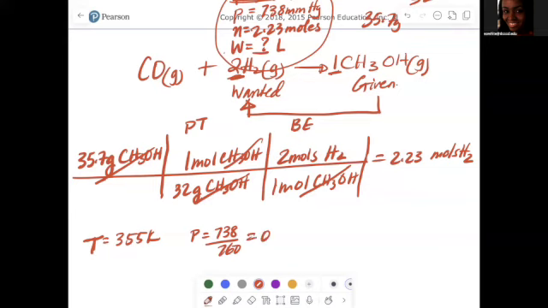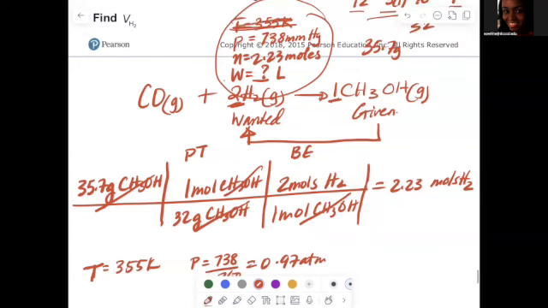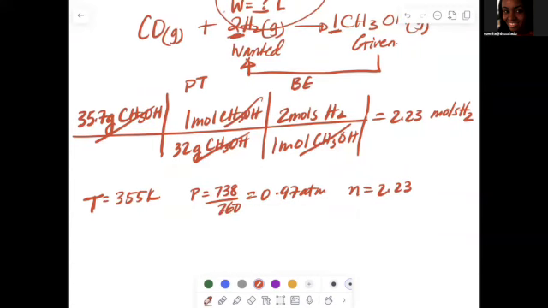This is going to be 0.97 atmospheres, okay? So I move this over. The number of moles is 2.23 moles. And then R, of course, is 0.0821 liters times atmospheres over mole times K.